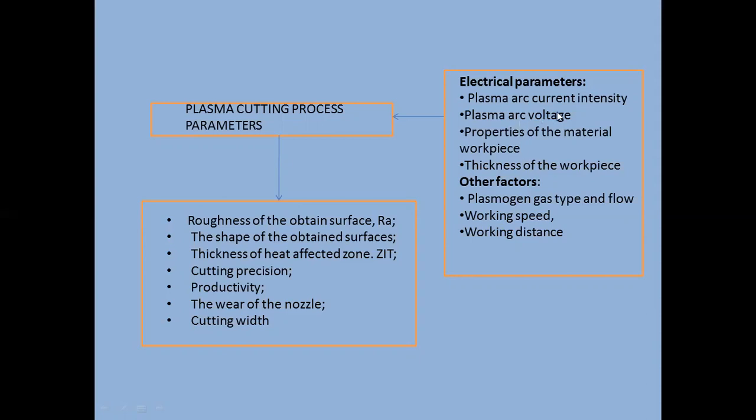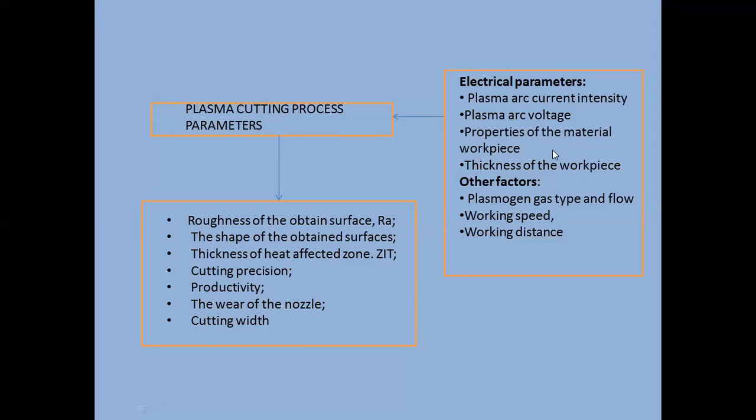See, what are the different parameters that are involved here? Plasma arc cutting current intensity, plasma arc voltage, properties of the workpiece, thickness of the workpiece. Other factors like plasmagen gas type and flow, working speed, working distance. So these are the different parameters that are going to influence or to be constrained.